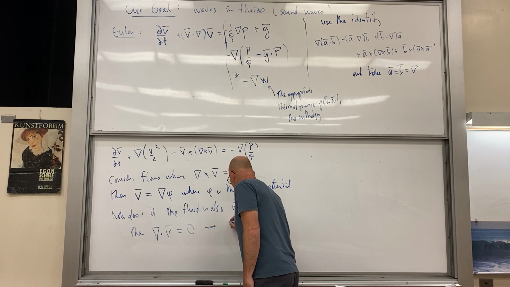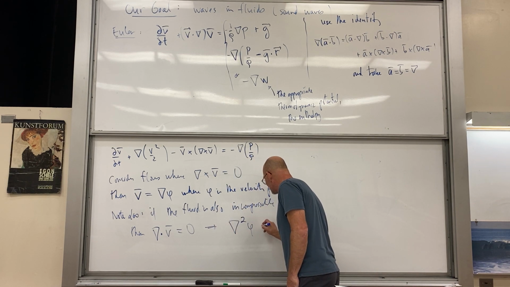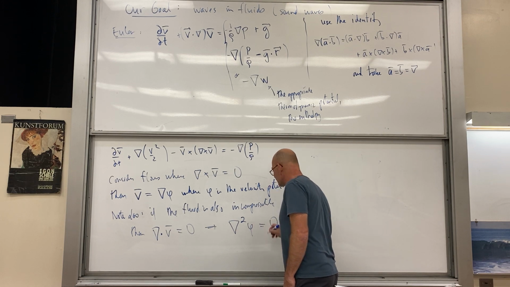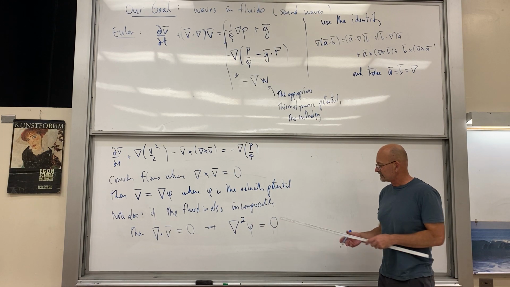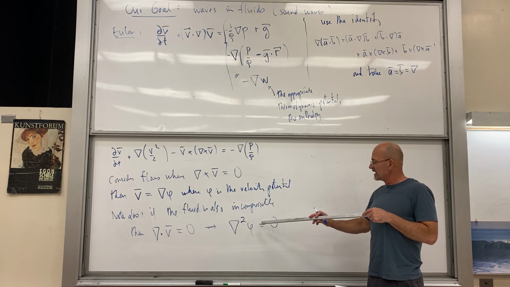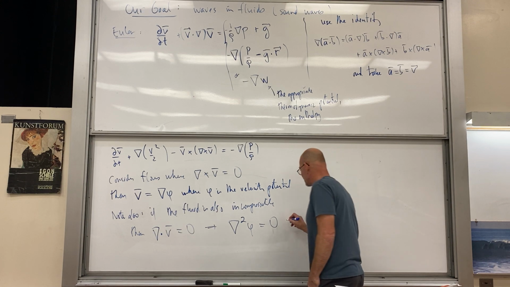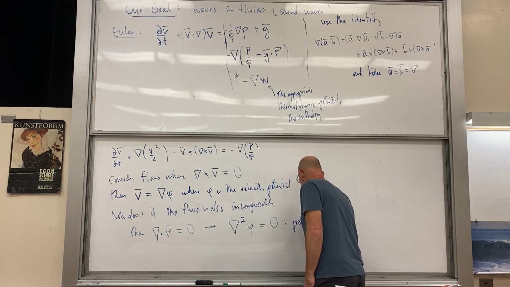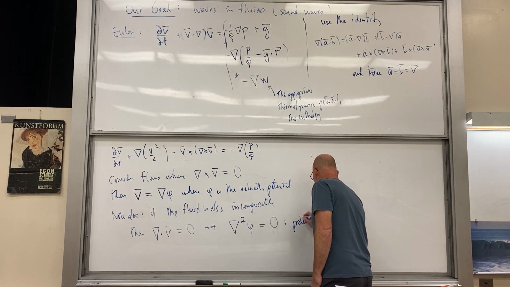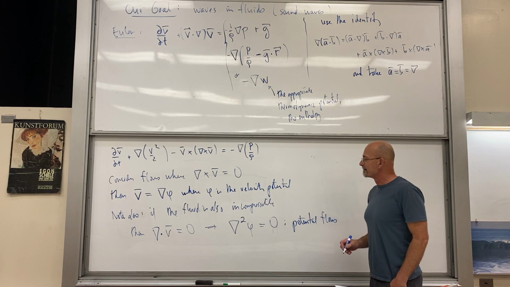And that means we're looking at the divergence of the gradient, where del squared phi is equal to 0. That's not bad, right? Because then you have a potential equation, and you're talking about what are called potential flows.